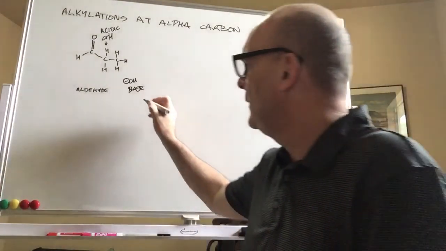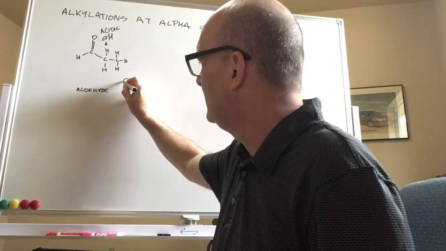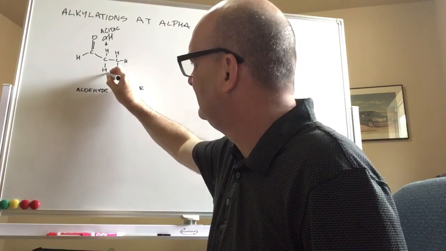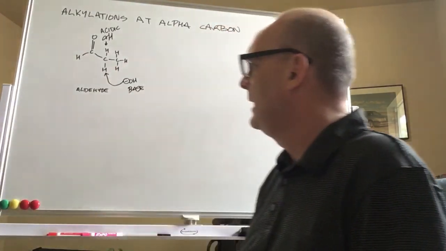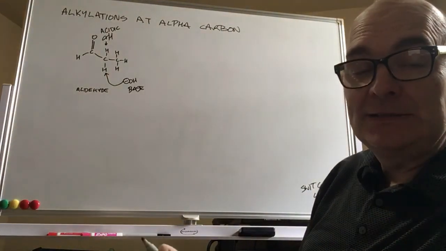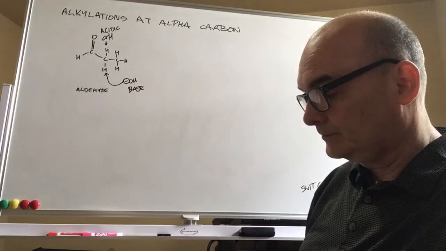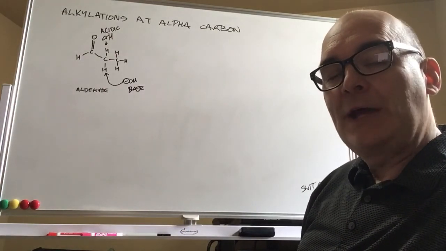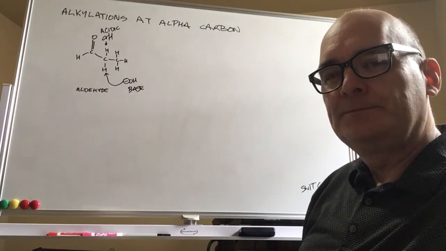I think fairly obviously it starts at the hydroxide. And it reaches out, and because we've told you it's a base, it reaches out and grabs hold of that hydrogen.